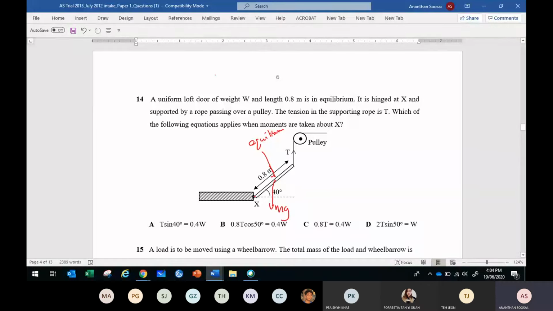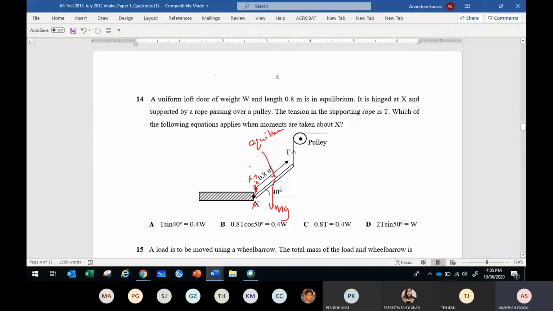At the hinge here, there will be a force. There definitely is a force at the pivot. There is an unknown force acting here, which we don't know. But the question doesn't want anything to do with this force. They don't want this force to appear in the equation.